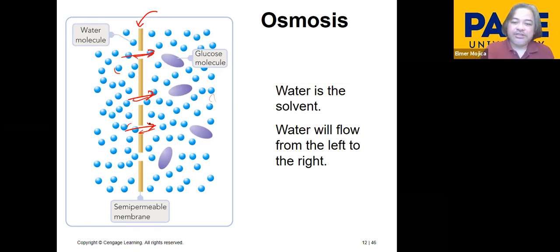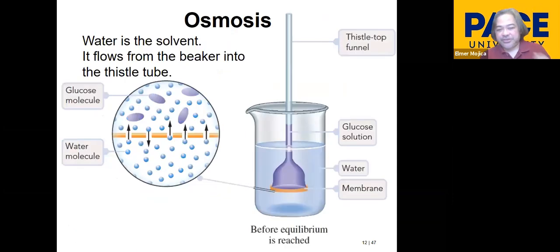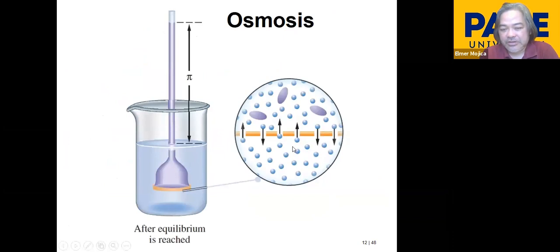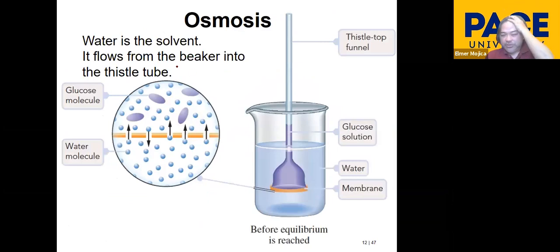Now, osmotic pressure is the pressure that you apply to stop osmosis from taking place. That's really unusual compared to the other definitions of the colligative properties. Here, the water is the solvent, and it flows from the beaker into the T-cell tube.